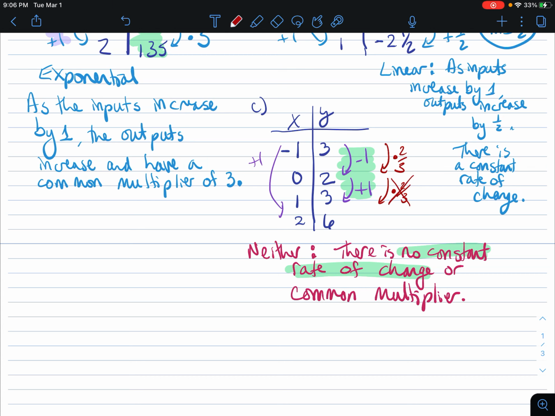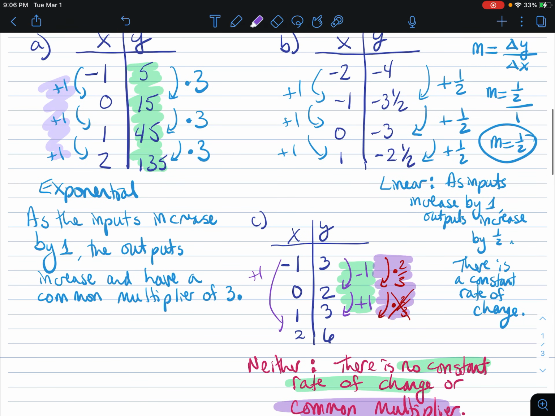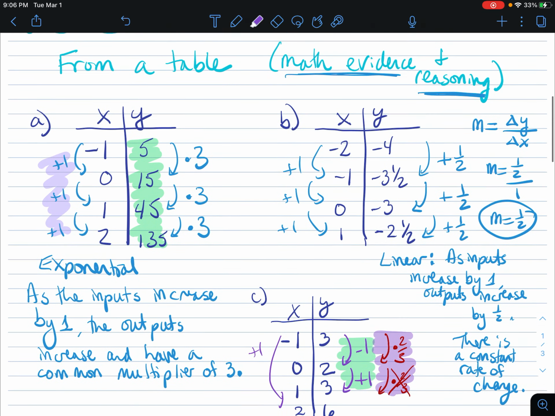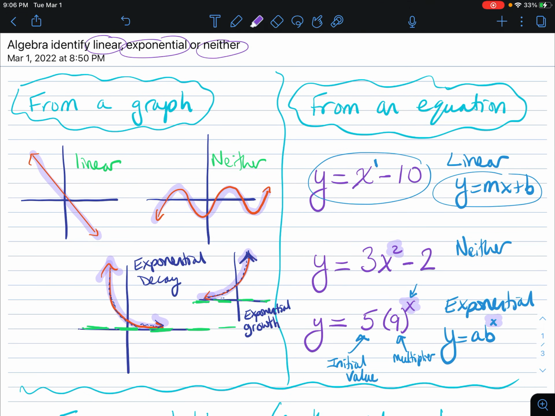So we said if we tried it again, we wouldn't get that 3. So we can go ahead and highlight this and say, nope, I couldn't find a common multiplier either. Okay, so that's identifying linear, exponential, the 2 functions we've studied so far. And if it's something else, you just write a neither. So from graphs, equations, and tables.